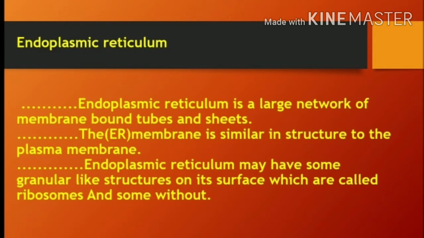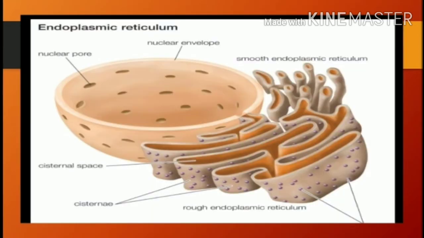Okay, here the slide which you are able to see now gives different parts of endoplasmic reticulum. Here you can find smooth endoplasmic reticulum and rough endoplasmic reticulum. What are these two?